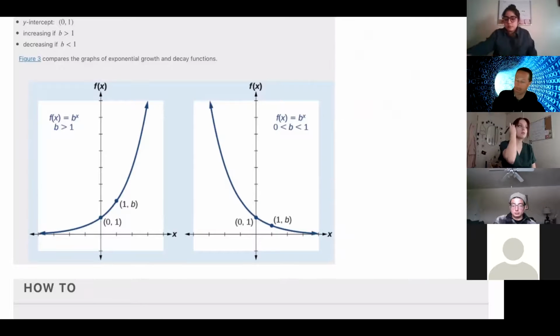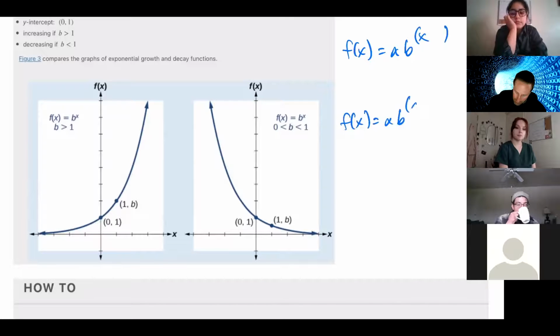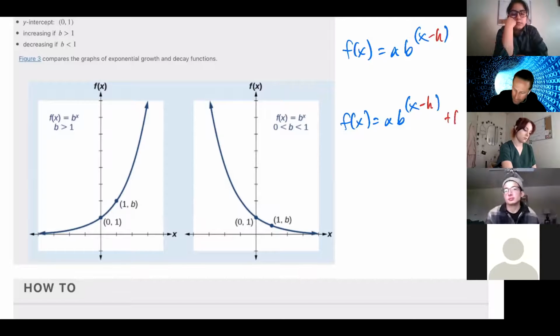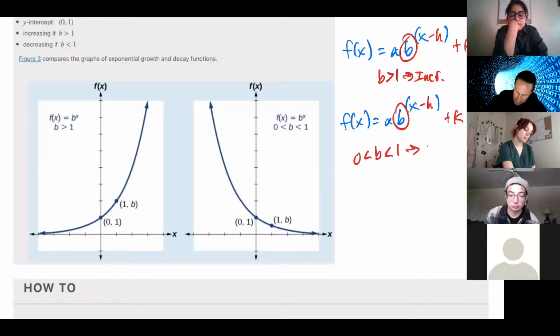So guess what we're going to do with these? We're going to do the same thing. We're going to do the opposite for the x and whatever it says for the y. The only thing that will change is our base. If our base is bigger than 1, then it's increasing. If our base is less than 1, but still greater than 0, then it's going to be decreasing.